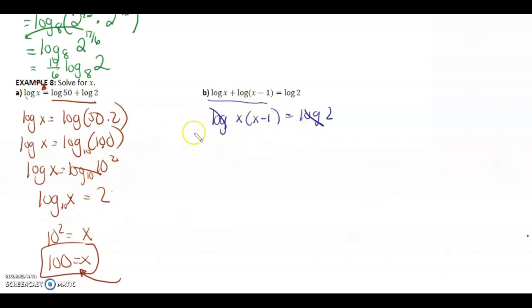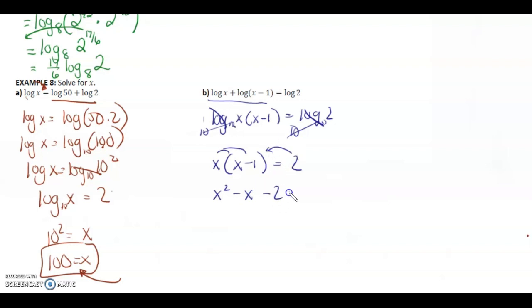Essentially what happens here is we can raise both sides to the exponent 10. So 10 to log base 10, that would cancel, and 10 to log base 10, that would cancel. That's essentially what we're doing. And we're going to be left with x times x minus 1 equals 2. We're going to distribute the x, so we have x squared minus x.